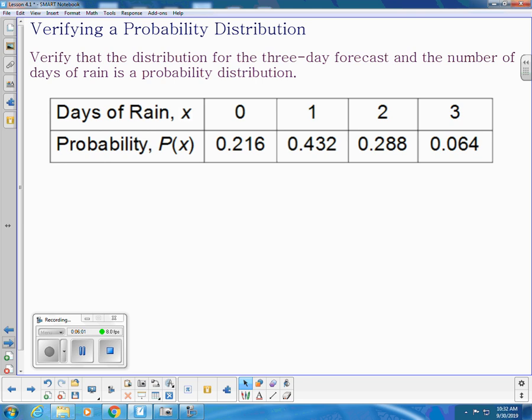When I add them all up, the sum of the probabilities equals 1. Are any of the probabilities negative or greater than 1? No, so it is a probability distribution. Easy enough? You have to show that. That's how you would explain it.